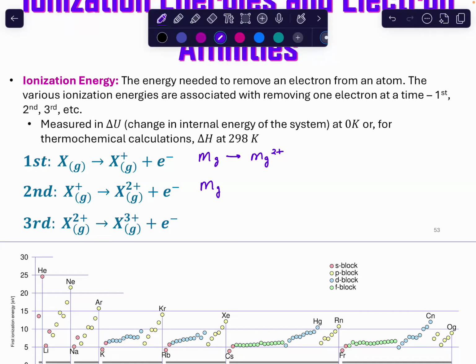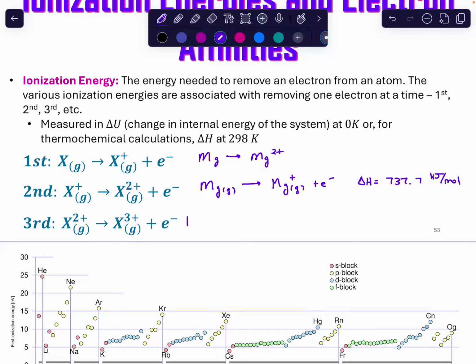So if we look here, your ionization energies are done in gas phase. So you have your magnesium. Your first ionization goes to magnesium plus, and it is going to have a delta H of 737.7 kilojoules per mole.